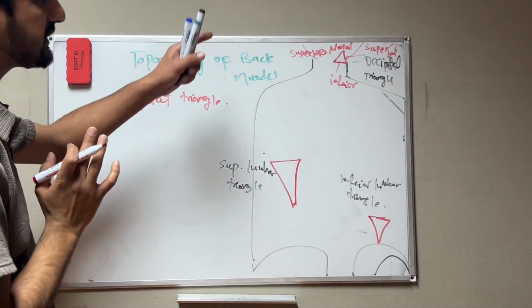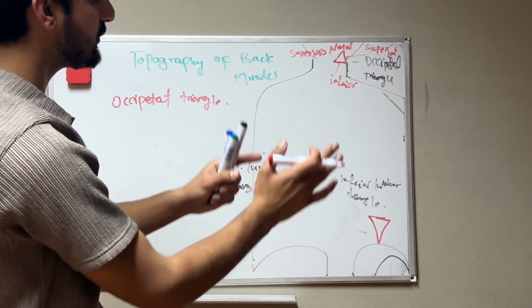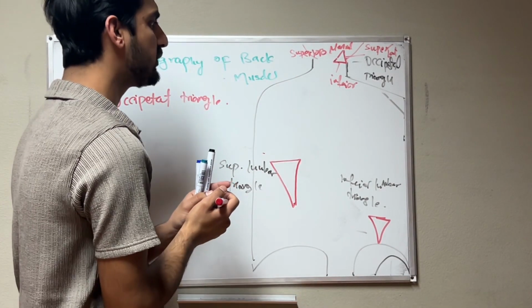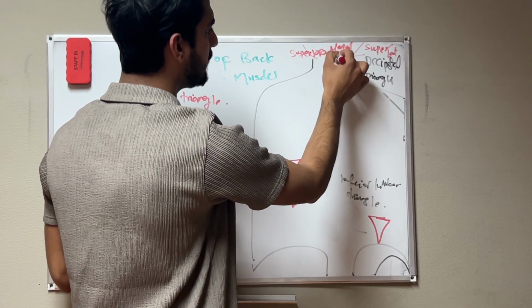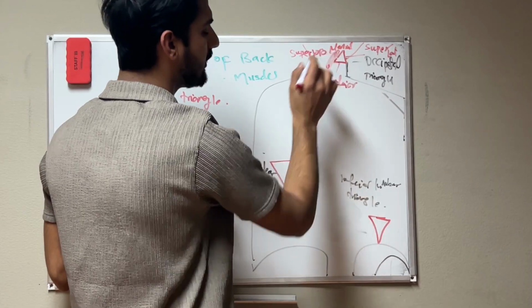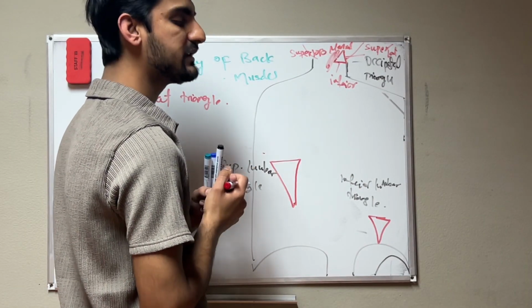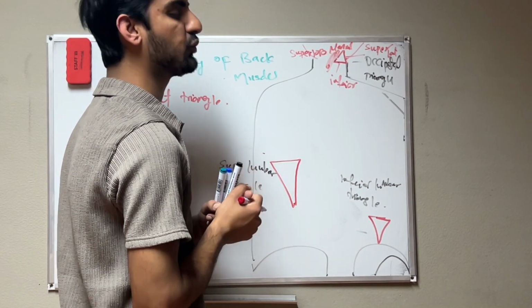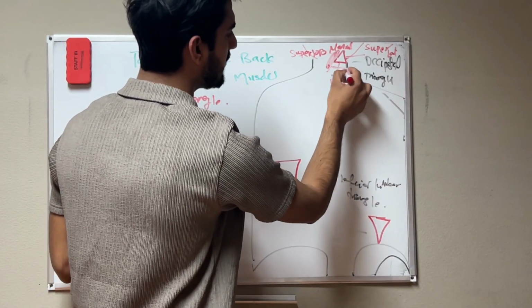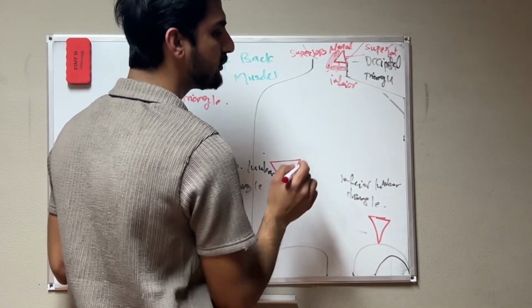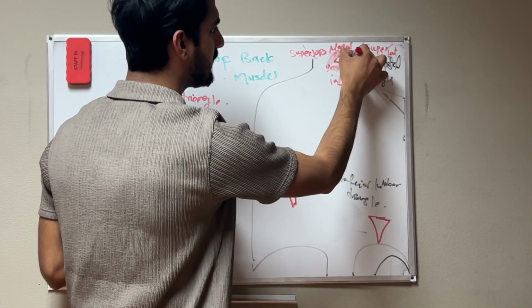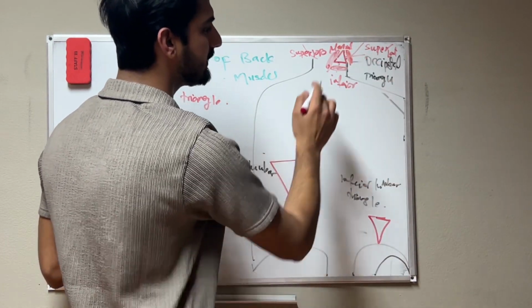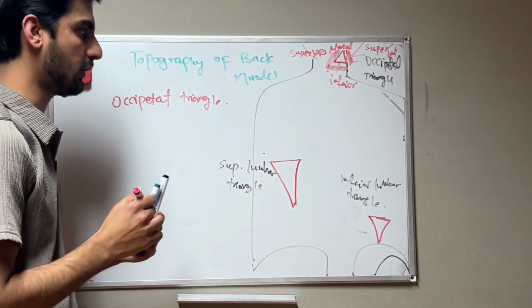Superior medially we have the rectus capitis posterior minor and major muscles, here we have the obliquus capitis inferior muscle, and here the obliquus capitis superior muscle.